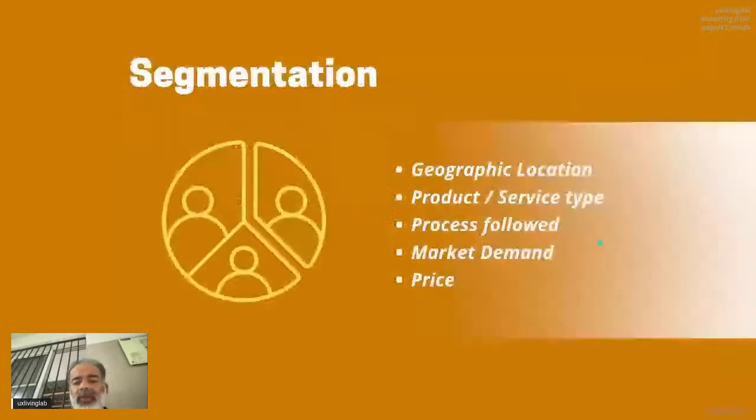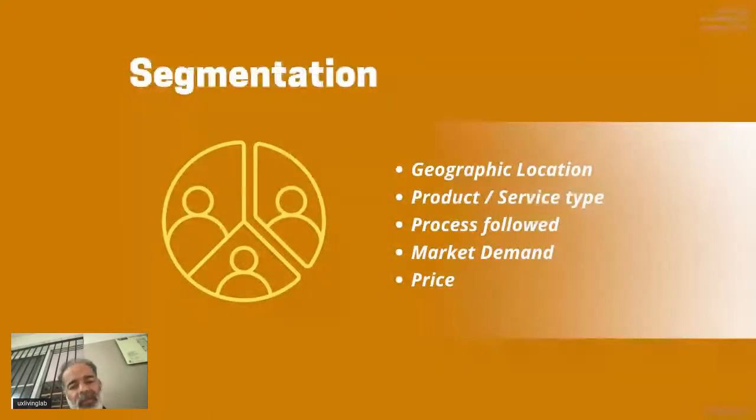We can go deeper into segmentation. You can divide the market geographically. In every presentation, I talk about how to divide the market geographically. Depending on the cities, the country, or the region, you can divide by geographic location. Then product or service type. So you can find different substitute products, maybe perfect or imperfect.